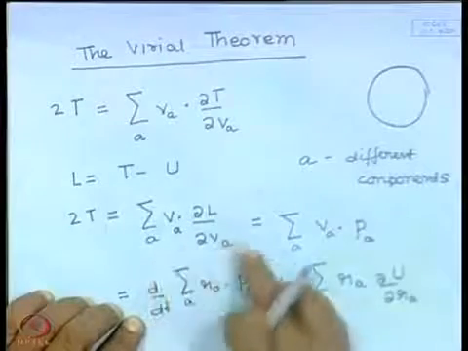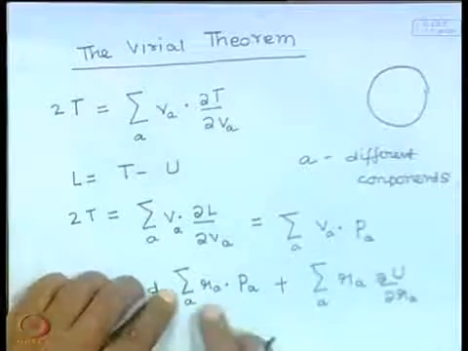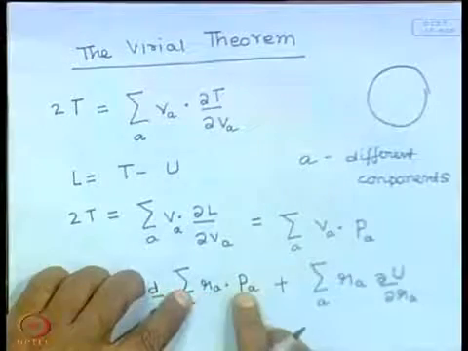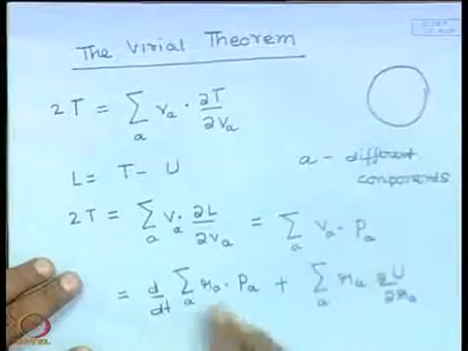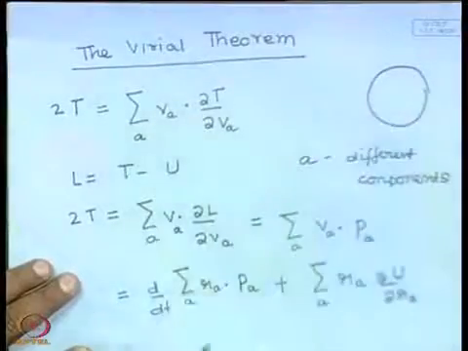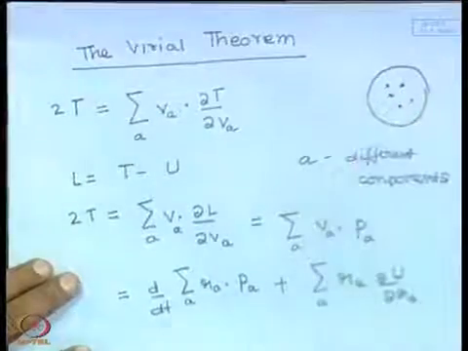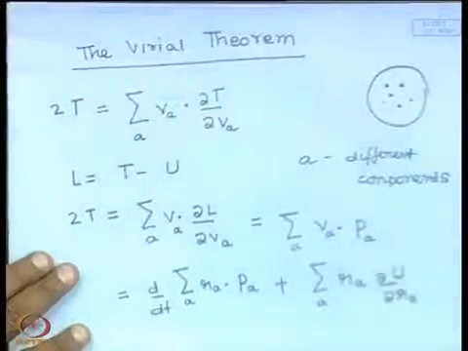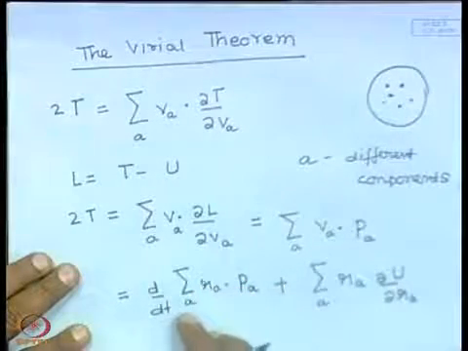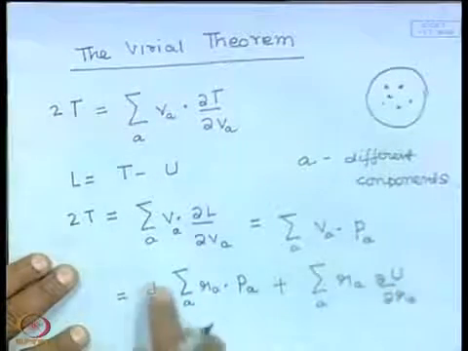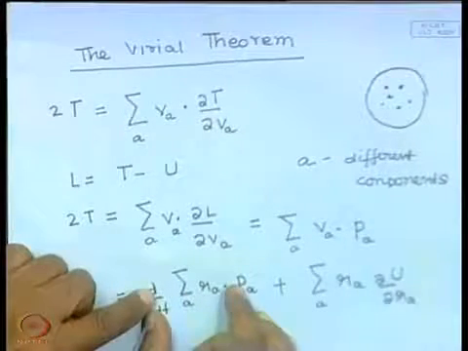Now, this term is the total time derivative of this quantity, r dot p, which is called the virial, summed over all the components that make up my system. So I may have many particles, so I have to calculate this quantity r dot p for all of these particles and then sum over it, and then I have to take the time derivative of that. So I have to now find the time average of this.